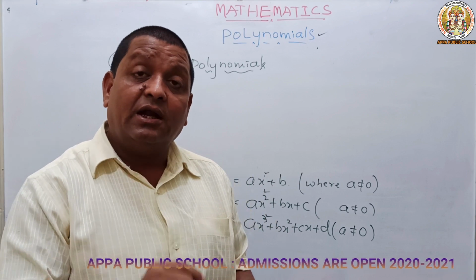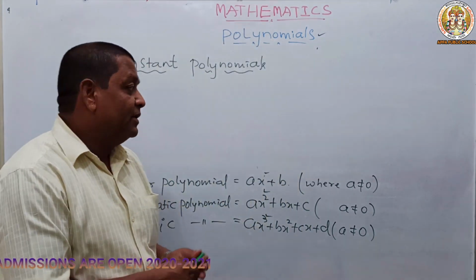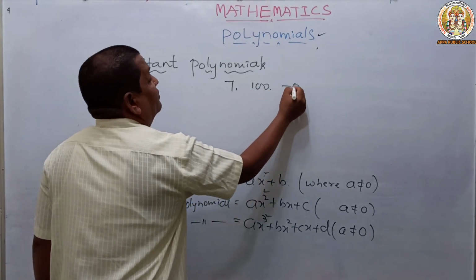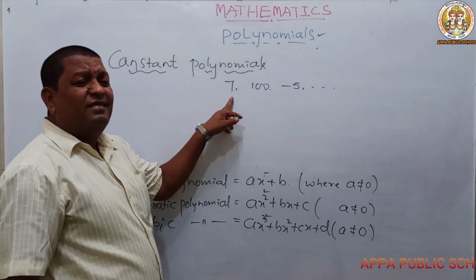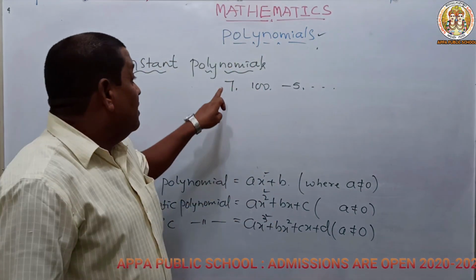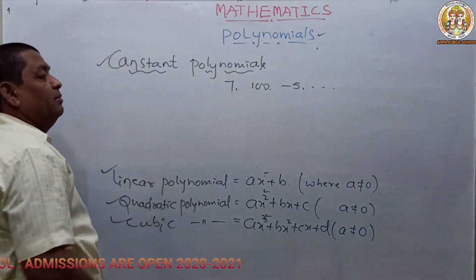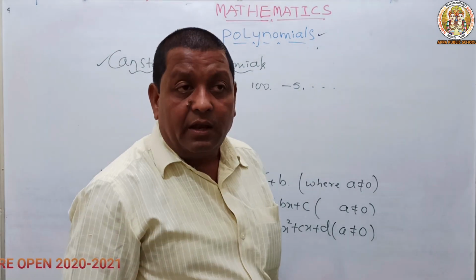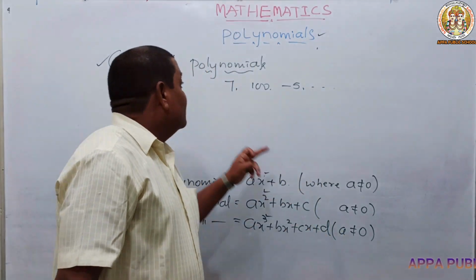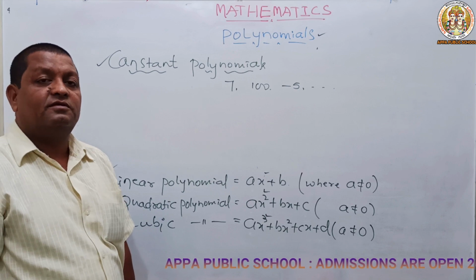Suppose the expression contains only constants, like 700 or minus 5. These are only constants. So this type of expression is called a constant polynomial. Where we get only constants without any variable, they are called constant polynomials.